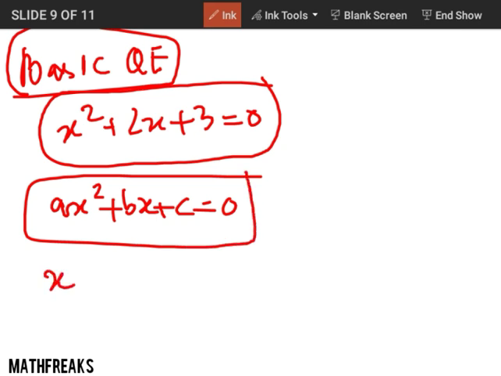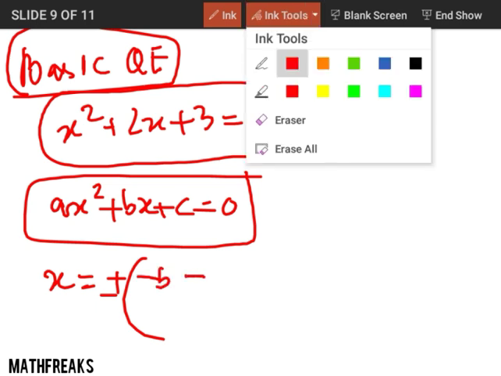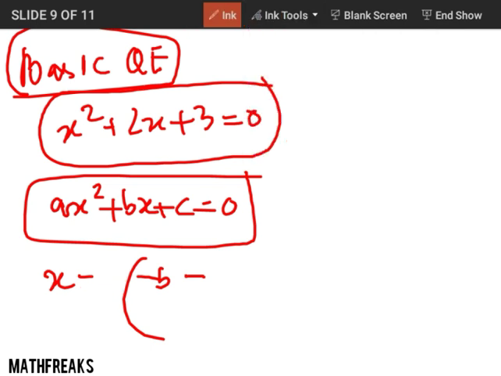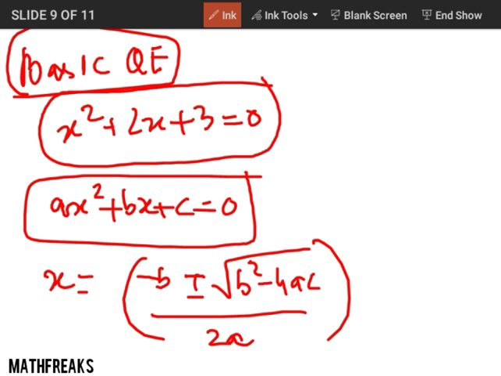Then x equals to minus b plus minus root of b square minus 4ac upon 2a, right? This is Sridhar's formula. So you see from here one root is minus b plus root b square minus 4ac upon 2a, and another root is minus b minus root of b square minus 4ac upon 2a, right?